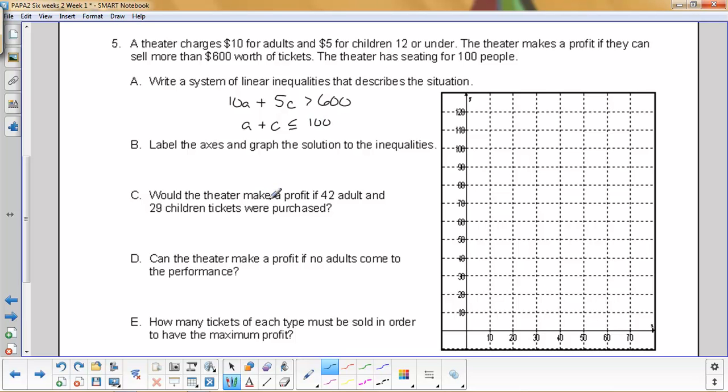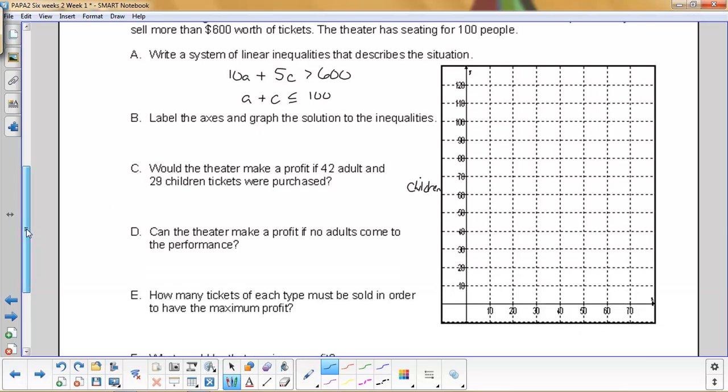In solving your equations for C, because this is going to be the axis that I choose as the y-axis, I'm going to rewrite this as children. And this will be adult.